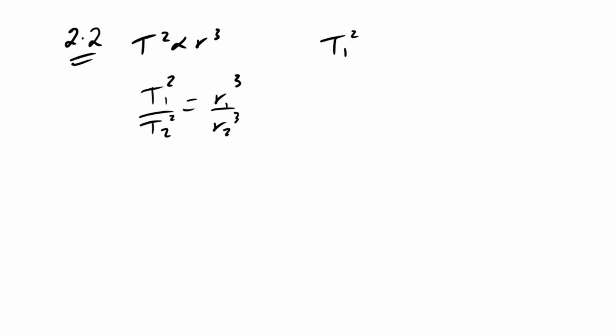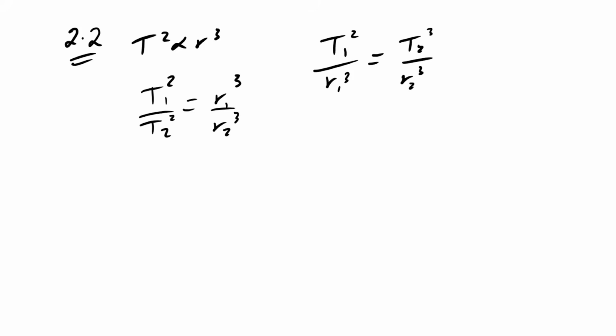2.2, we have moons of Uranus. Calculate the orbital radius of Umbriel. So if we know that T squared is proportional to r cubed, then we can say that T1 over T2 squared is equal to r1 cubed over r2 cubed. I've kind of skipped a step there, I guess. We could say that T1 squared over r1 cubed is equal to T2 squared over r2 cubed.